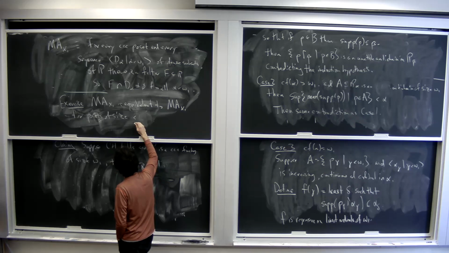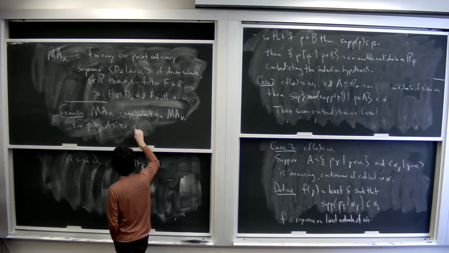So in this formulation of MA, I've just formulated MA Aleph1. I haven't formulated MA where there's a parameter. I think you want to include posets of size Aleph1 here. Yeah, sure.